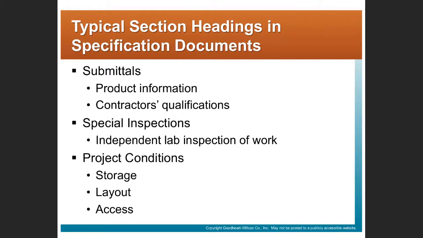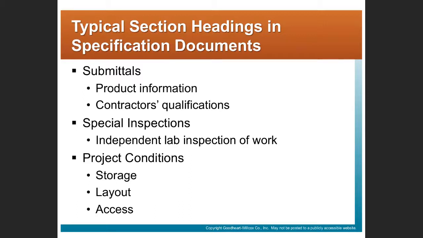Quite often in a specification, there will be submittals. If you're in Division 26, the electrical contractor, you typically go to your equipment supplier and get a submittal for the switchgear, the panel board, and all the different products going into the project.